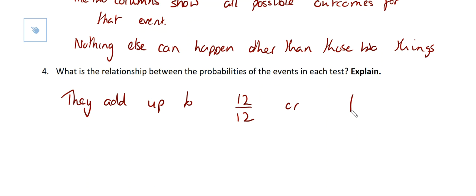Yeah, but later on in your thing you did redeem and say 1. Right, so they add up to 1, right? So 12 out of 12 is fine, or they add up to 1, but that's the probabilities. If you add those 2 together, for example, 11 out of 12 plus 1 out of 12 gives you 12 out of 12. Okay? Or we could say 100% if you like. That's what we were looking for. Make sense? Okay.